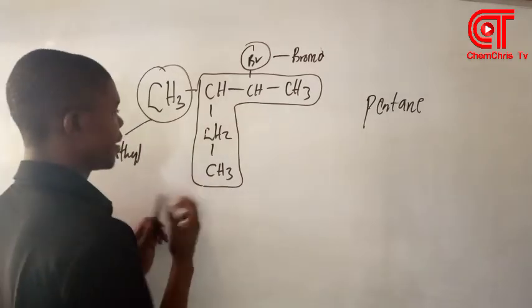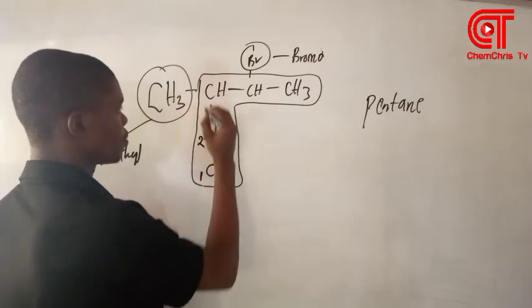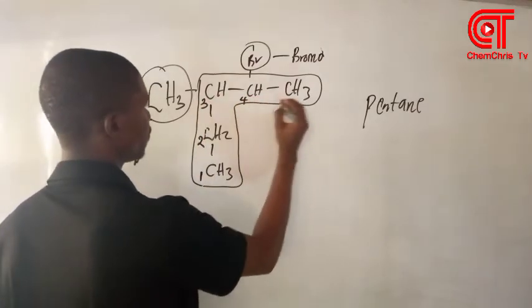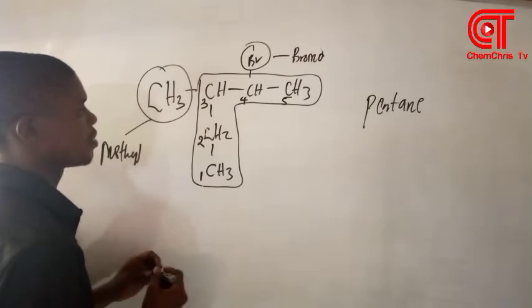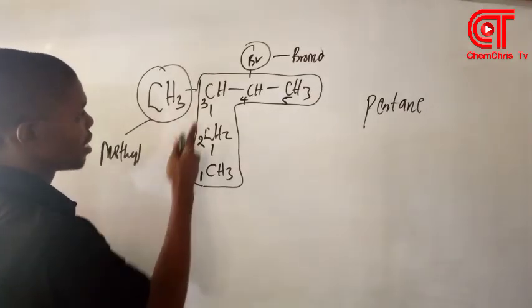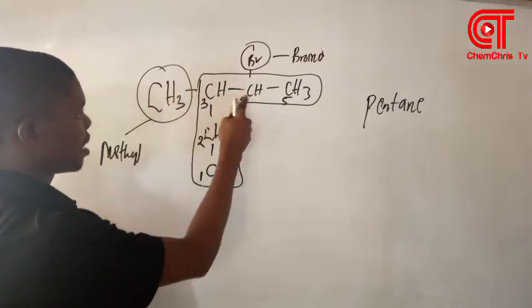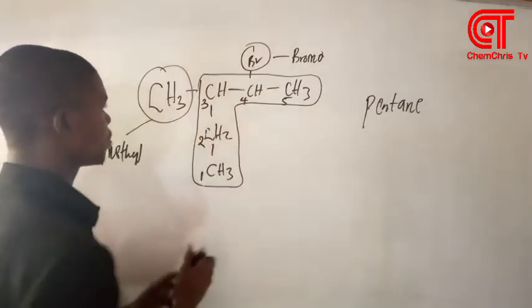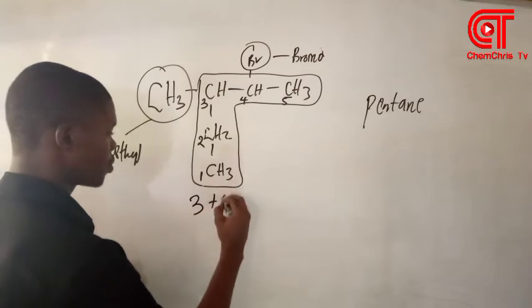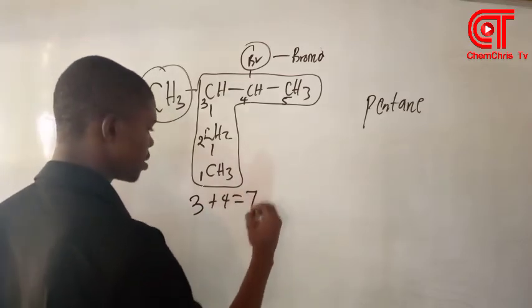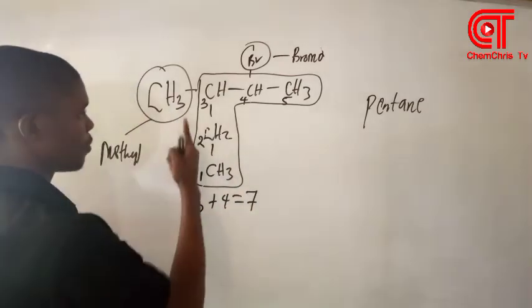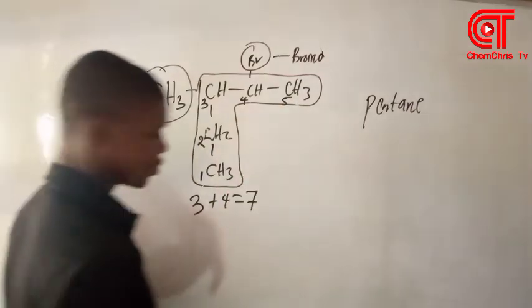Now let's start our numbering from here. 1, 2, 3, 4, 5. When we start from here, carbon 3 and carbon 4 have substituents, which is 3 plus 4, which is 7. That is if we start from here. But now let's start from the other end and see what we get.